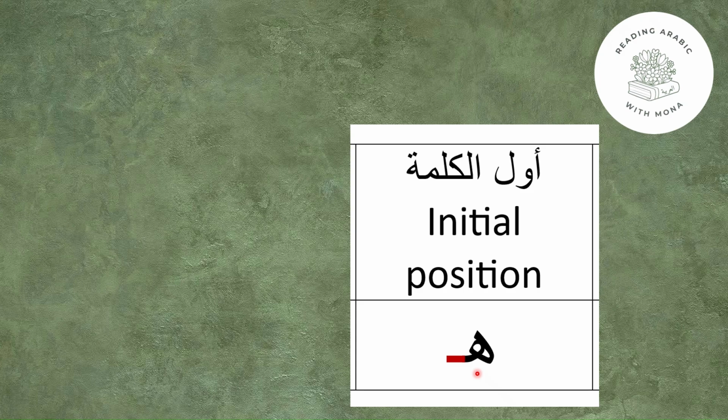The same letter that we know in the isolated form is used when we start a word with the letter Ha. The only thing that we do is extend a line, and it depends on the letter that is following. We just extend a short line to connect to the next letter. So we have the same form of the letter.